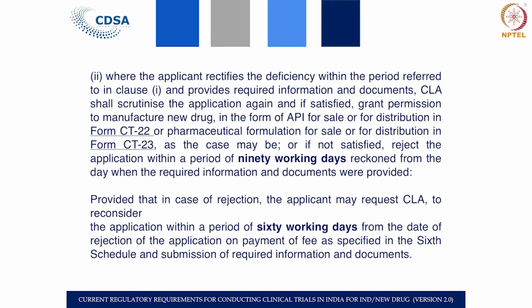An applicant who is not satisfied with the decision of the CLA can go to the central government within a period of 60 days, and the application will be re-examined by the central government for either reconsideration or a final rejection.